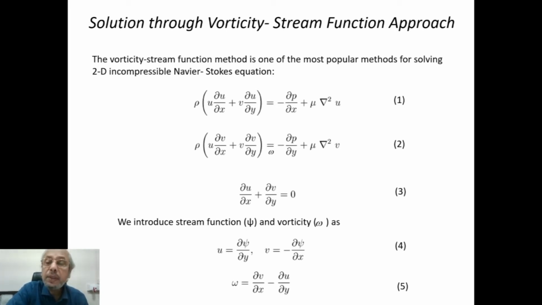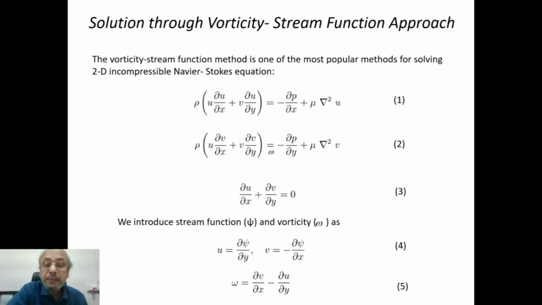So again, what we have done, we have written x momentum equation as equation 1, y momentum equation as equation 2, continuity equation, and then we have defined u velocity and v velocity considering the presence of stream function in the flow field.